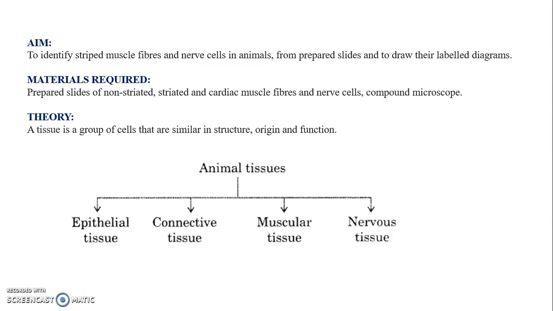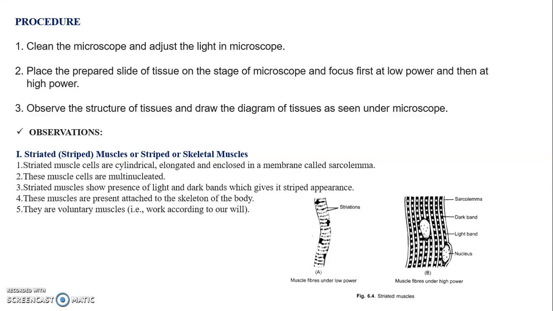Animal tissues can be divided into four major types: epithelial tissue, connective tissue, muscular tissue as well as nervous tissue. Of some of these tissues we are going to study the characteristics under the microscope. The procedure is, first we have to clean the microscope and adjust the light along with the focus, and then place the prepared mounted slide of tissue on the stage of the microscope and focus first at low power and then at high power.